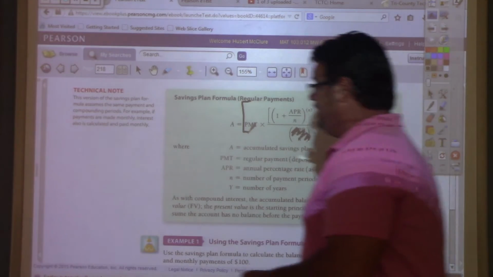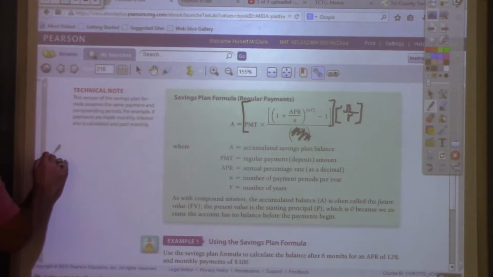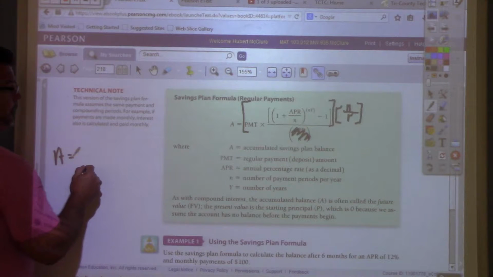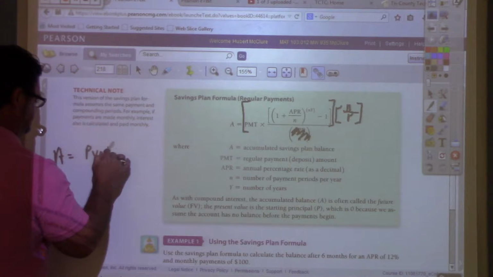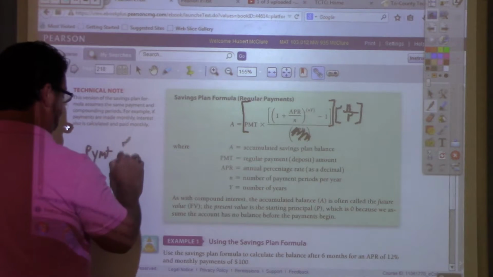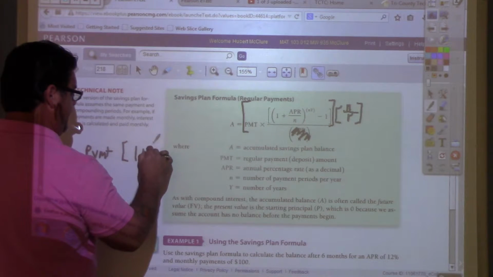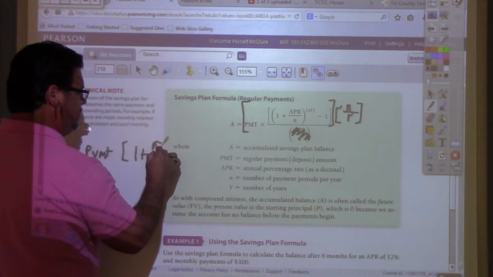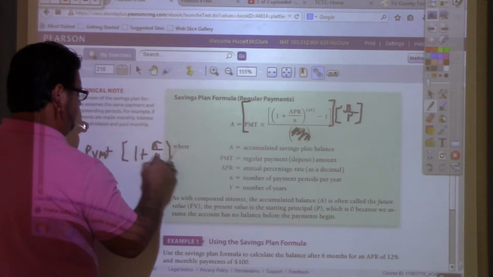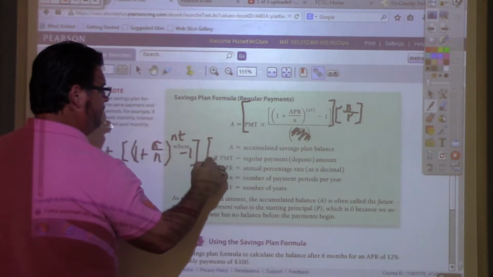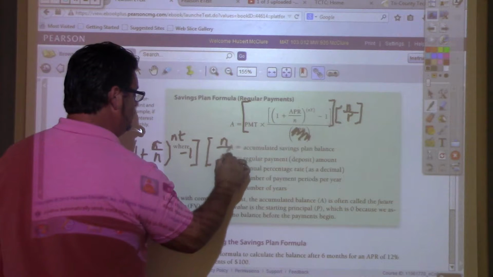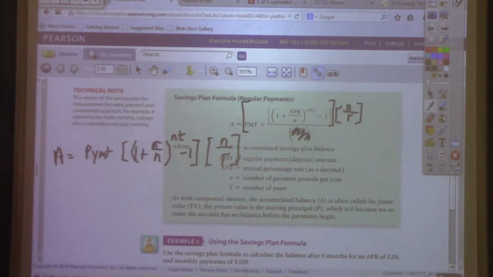So you can make it a whole lot easier by saying A is equal to your payment times 1 plus APR or R, I don't like that APR, over N raised to the NT power minus 1 times N over R. You could do it like that, make it a whole lot less cumbersome by doing that.